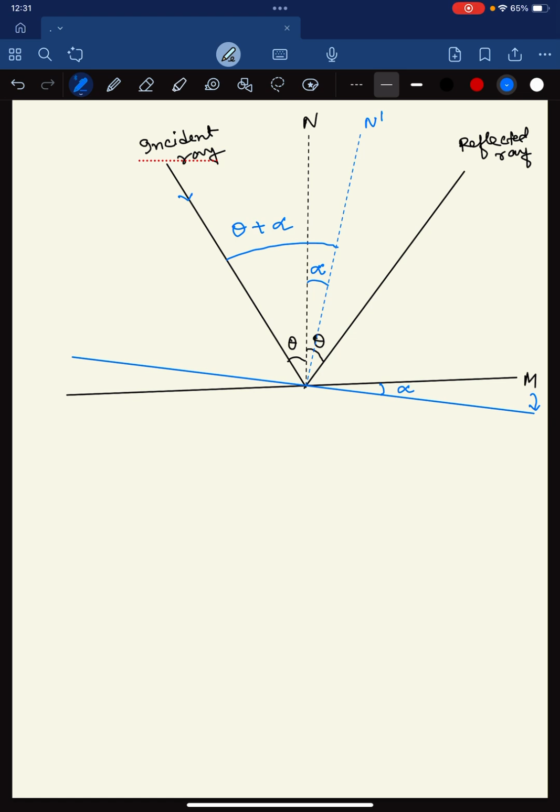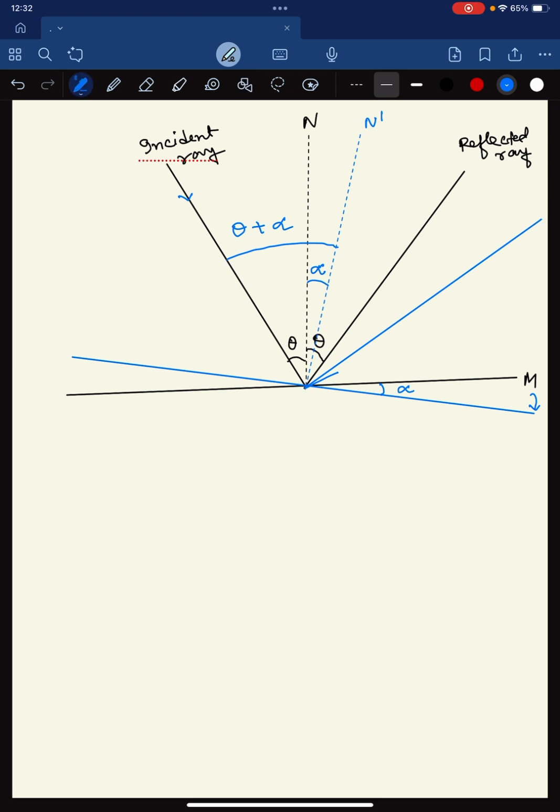So if it makes an angle theta plus alpha with the new normal n dash, then the reflected ray will be somewhere here, because according to the law of reflection, it has to make the same angle.